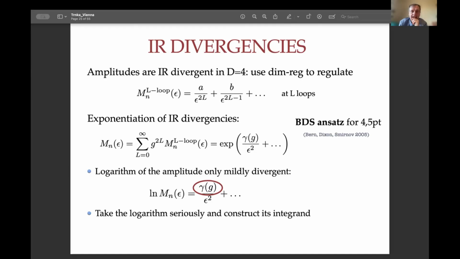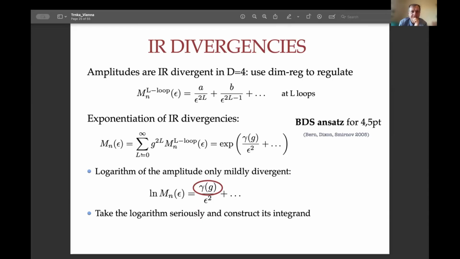And the coefficient of that is a function of the coupling. If we now consider a resummed object, where we dress each L loop amplitude with some power of the coupling and sum over all loop orders, then, since in N=4 super Yang-Mills the coupling constants don't run, these are only numbers really, so we can just dress it and sum it. Then it exponentiates, and the coefficient of this leading 1 over epsilon squared divergence is called the cusp anomalous dimension.